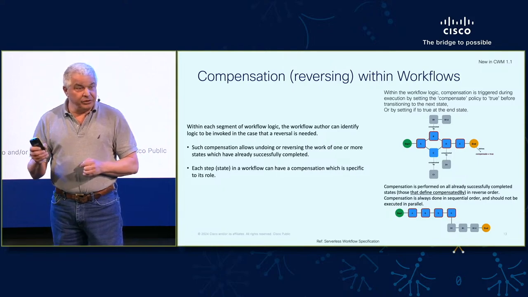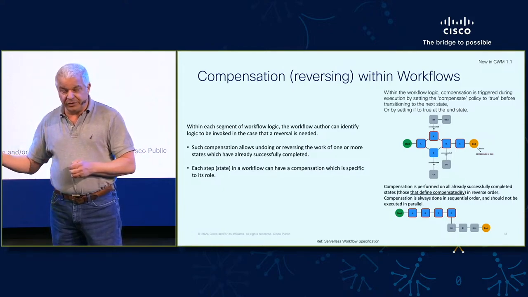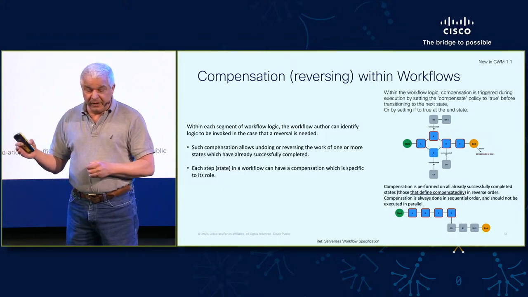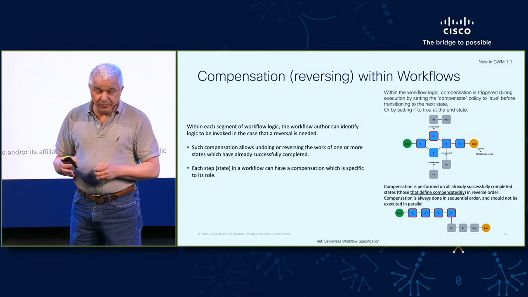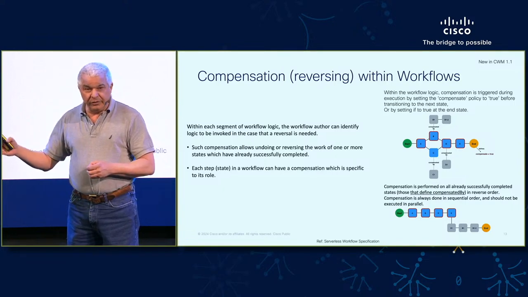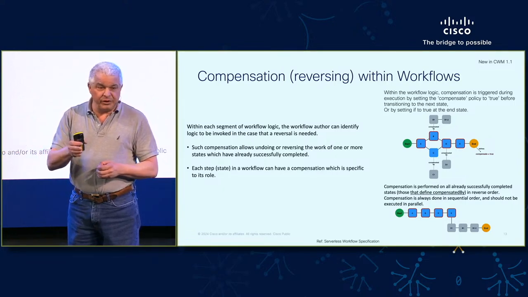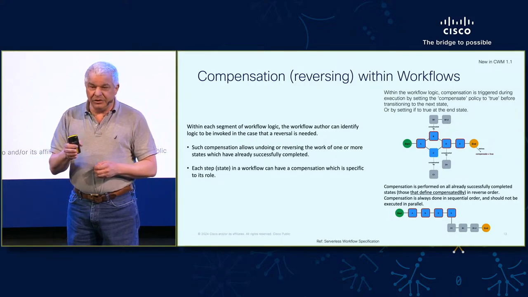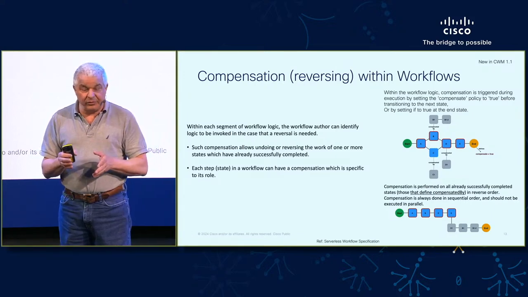In execution, if the workflow gets to a point where it wants to declare that it wants to reverse, in this particular case in box E, it runs through the compensations for each of the boxes that have been executed so far, in reverse order. So each one gets to back up its step, and the logic becomes isolated to that particular step.